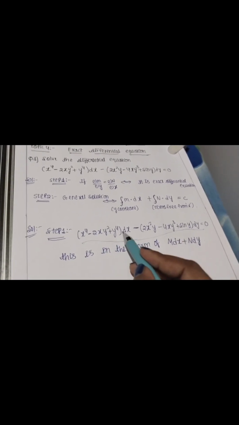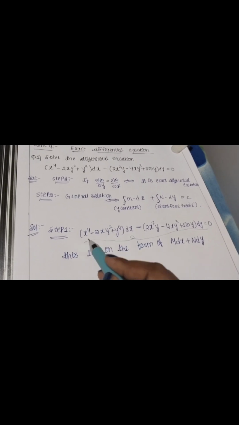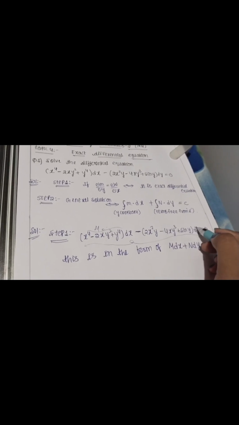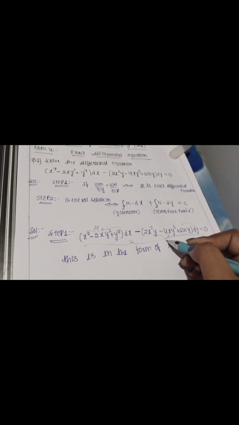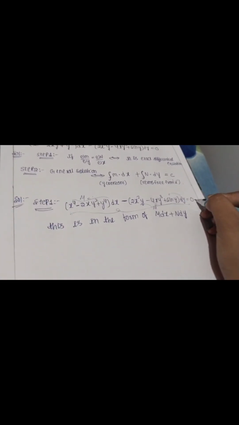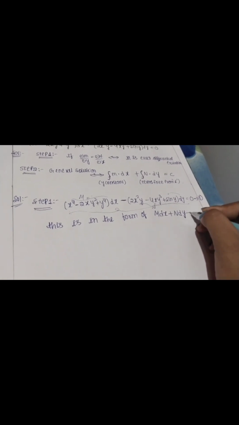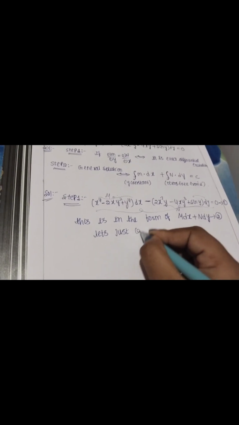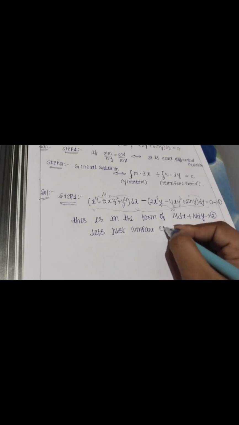Just check that the term in front of dx is M and the term in front of dy is N. So let's compare both equations, taking this one as equation 1 and that as equation 2.